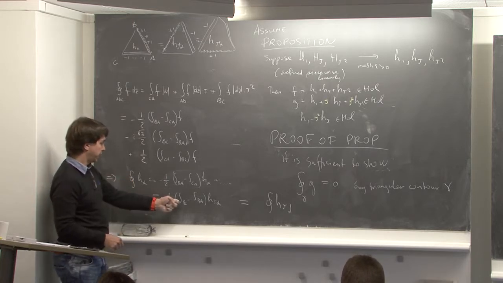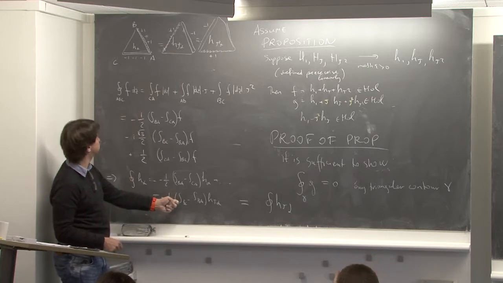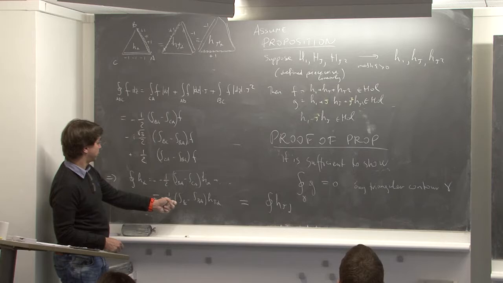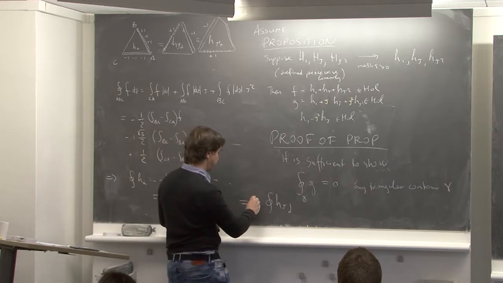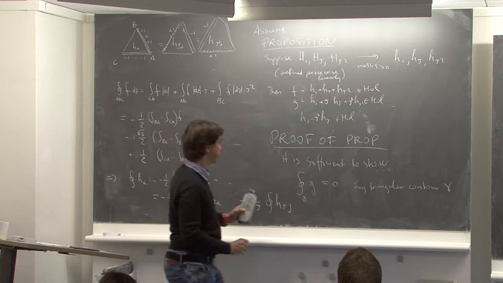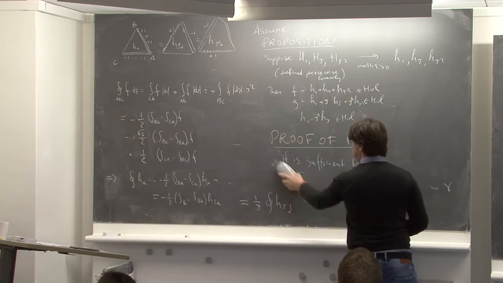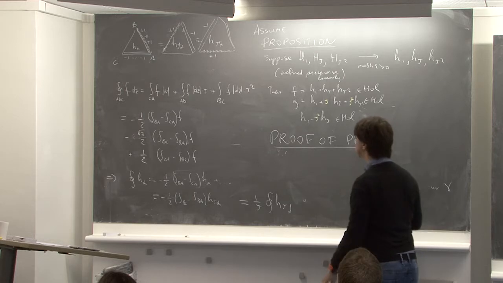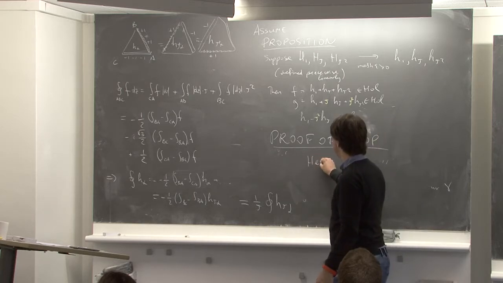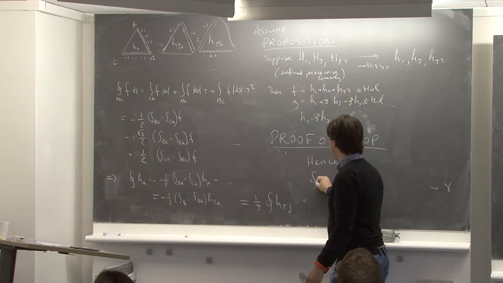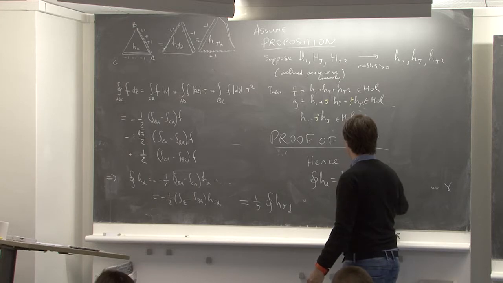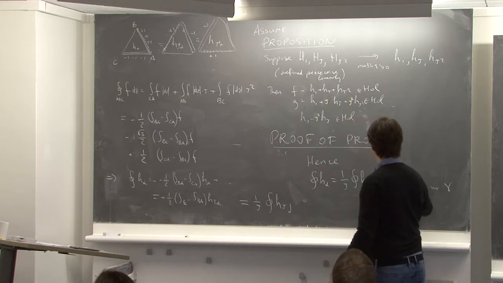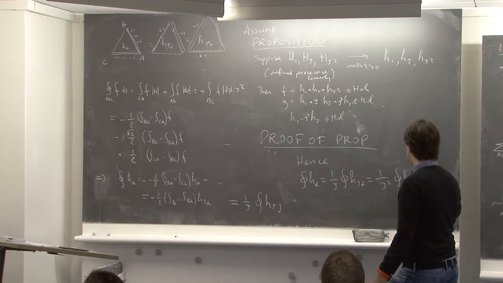So we have BC here where we had CA, and BA, so we have to divide by tau. Hence our lemma can be written as: the contour integral of H alpha is equal to 1 over tau times the contour integral of H tau alpha, which is equal to 1 over tau squared times the contour integral of H tau squared alpha.